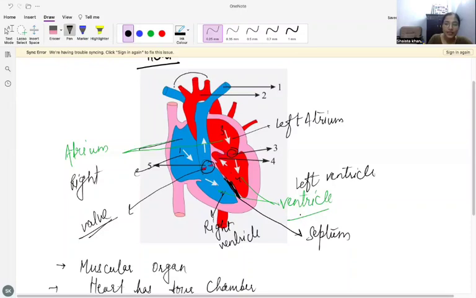This is also a blood vessel. This is known as the aorta, the largest blood vessel, the oxygenated blood vessel. This is your pulmonary vein. Oh, sorry, not pulmonary, actually.